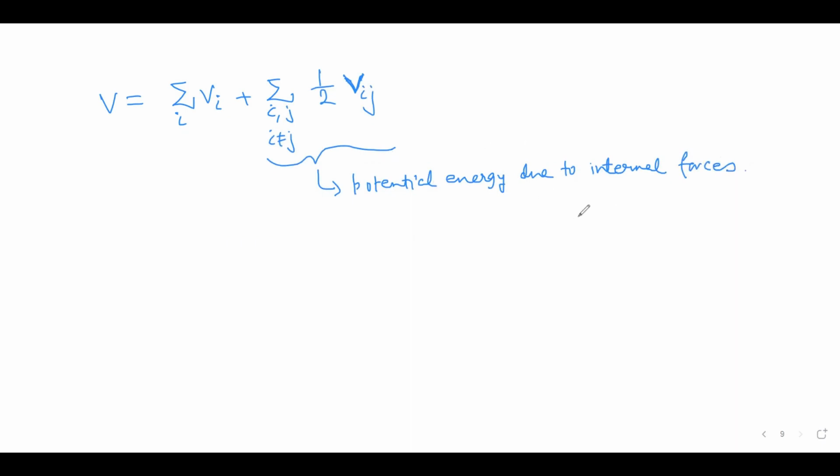It is a function of the distance between the ith and jth particle, the magnitude of the distance between them.